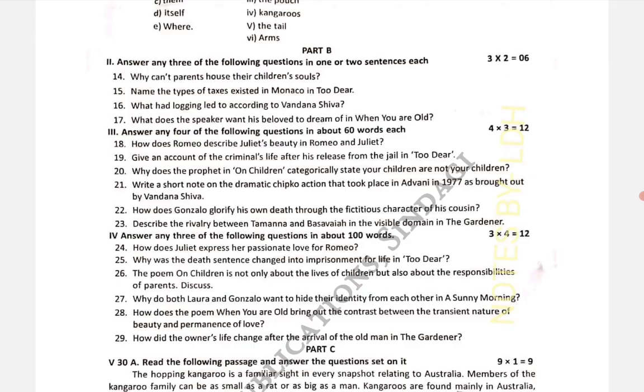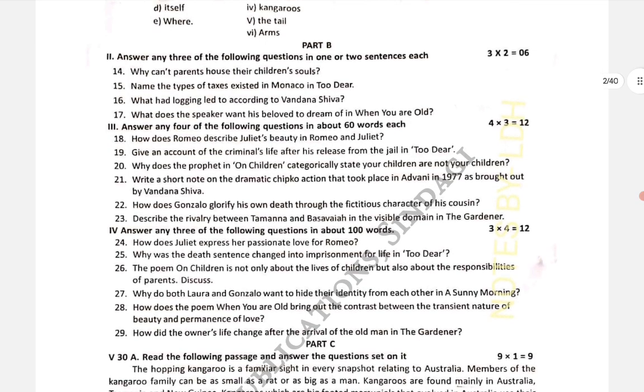Even though they are giving the 60 words limit, don't stick to only 60 words. It may not fetch marks, because what Romeo describes about Juliet you cannot explain in only 60 words. So keep writing, write good answers, practice speed writing. You may give the introductory part of the Romeo and Juliet poem, or you may avoid it if you don't have time in the real exam. How does Romeo describe Juliet's beauty?